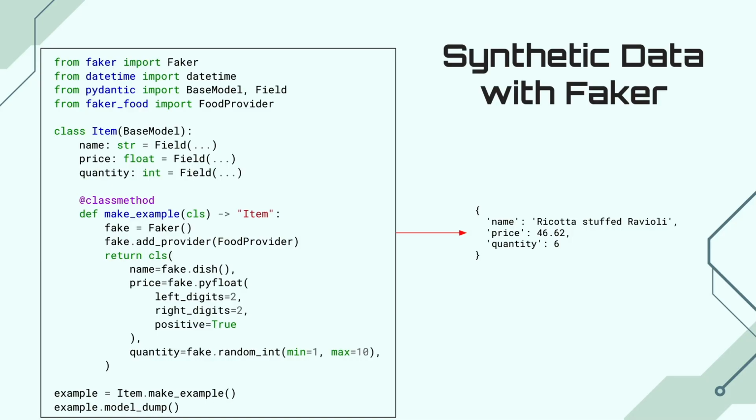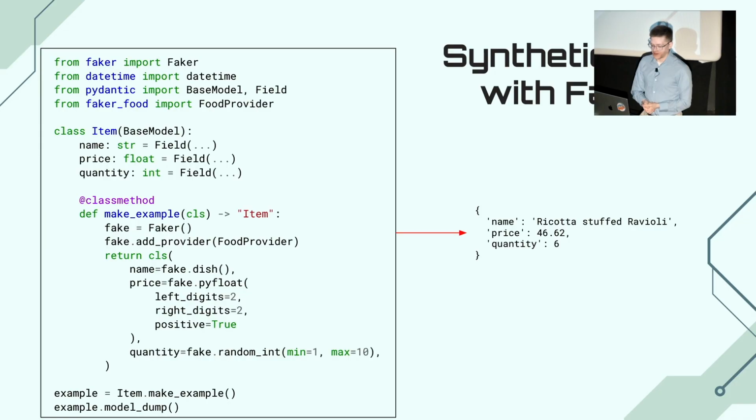I like to do it by adding a class method here, so you can just call item.make_example, and that creates the new example for you. You can do this very cheaply because there's no LLM involved, just a library that takes a bunch of strings from lists and puts them together. So I've created a new item on that recipe menu.